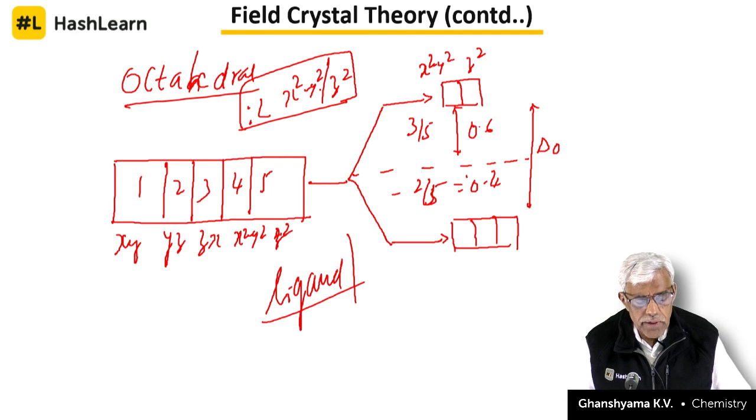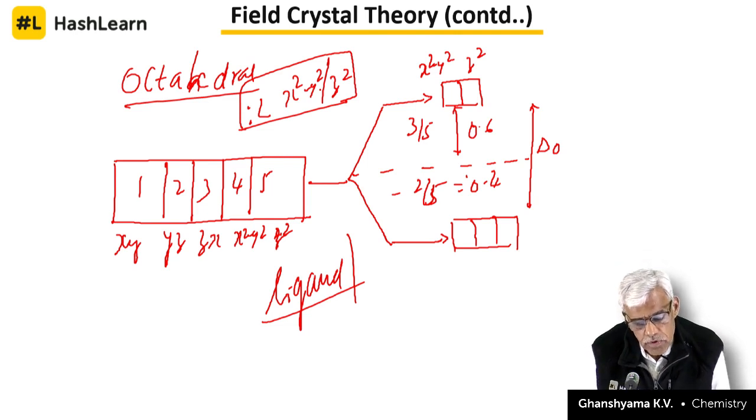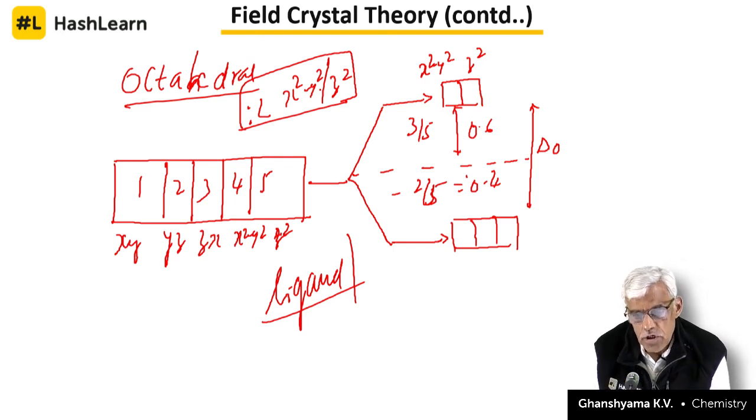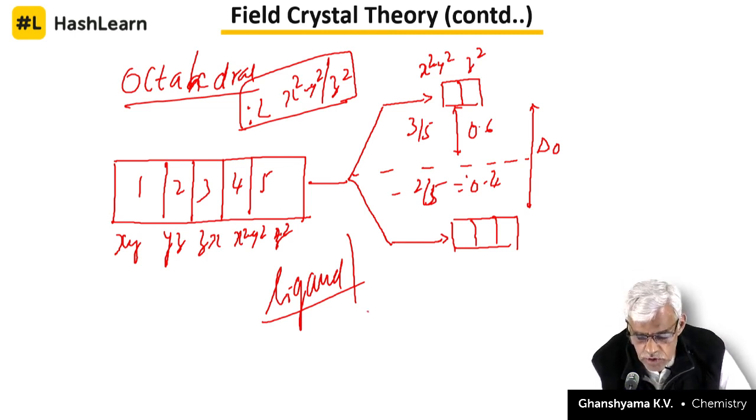Then how do you explain the formation of complexes? How do you explain the magnetic behavior of this crystal according to crystal field theory? Now let us say the central metal atom has only one electron, d1.